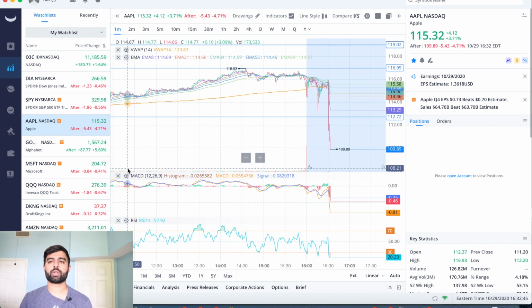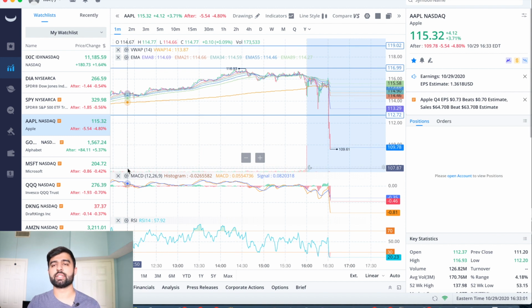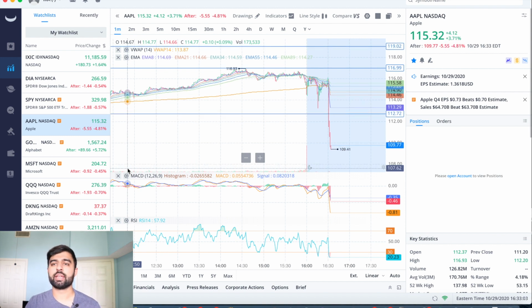So for the option trade to work in your favor, it has to move in the direction that you bet on the stock, but by a greater than expected earnings beat. So even if you bought an Apple option, and Apple does beat earnings and it moves up, it has to move up quite significantly for you to profit from that. So a lot of times it's typically good to sell out before earnings.